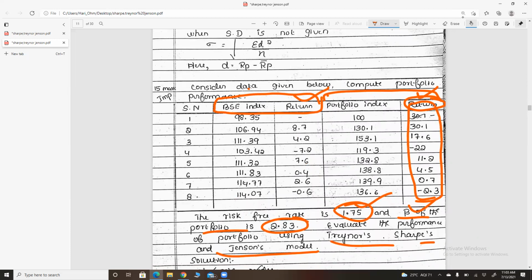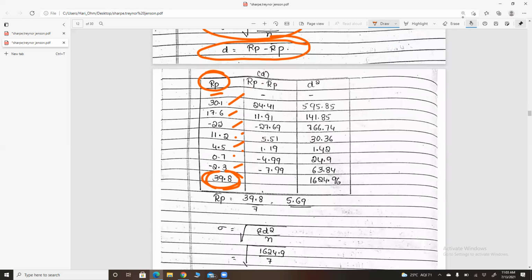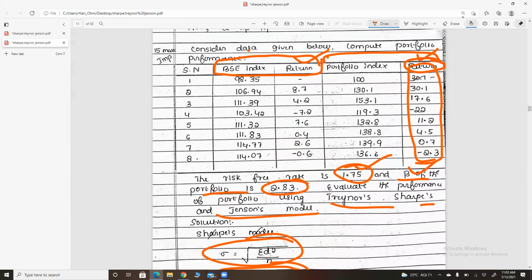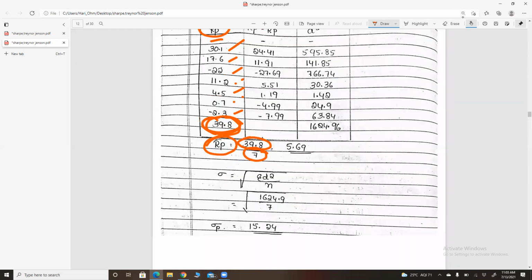You take this column and total it, you get 39.8. Now what is R bar p? R bar p is nothing but the total, 39.8, divided by n, meaning the number. Here there are 8 rows, but the first one is nil actually, so you have to take 7.